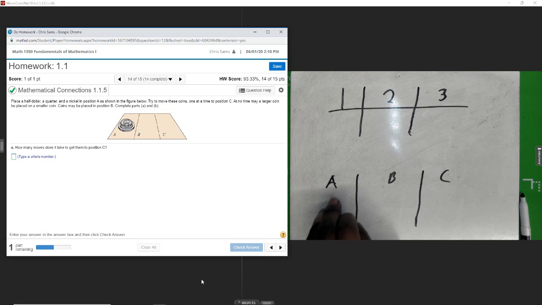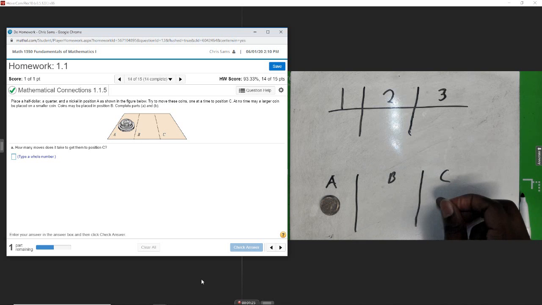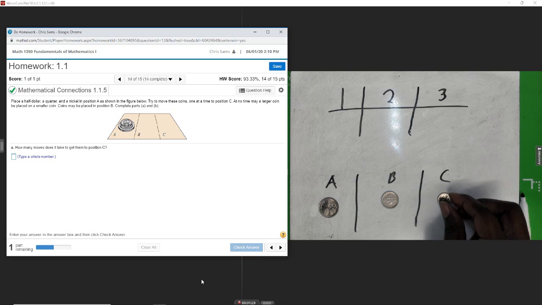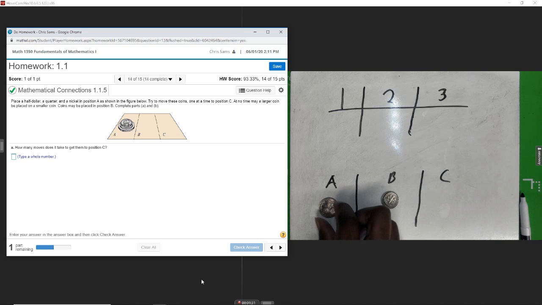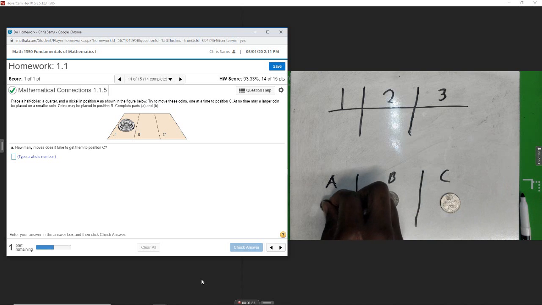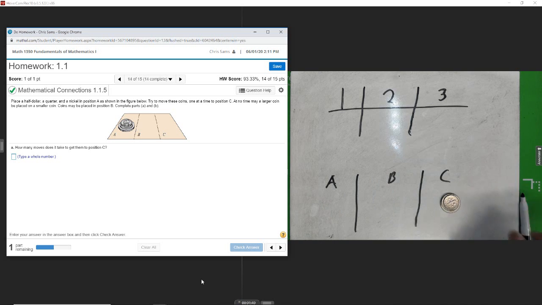All right, so if these coins were here in position A, a quarter, nickel, and a dime, and I want to move them all to C without putting a bigger one on top of a smaller one, I can do it by moving 1, 2, 3, 4, 5, 6, 7.